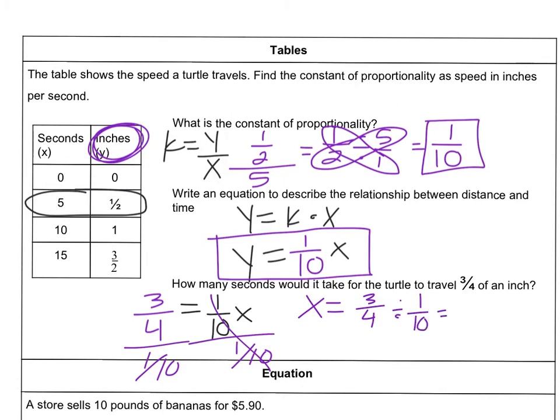Keep, switch, flip. So keep the first fraction, switch to multiplication, flip the second fraction. Okay, then I just multiply top times top. Gives me 30 over bottom times bottom is 4. Then I need to reduce.